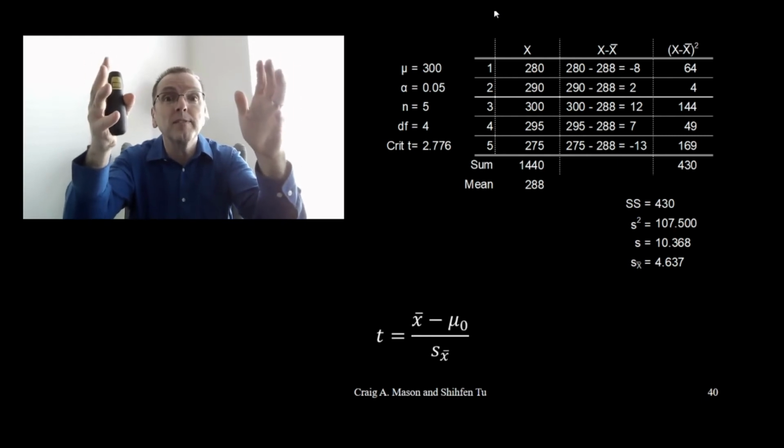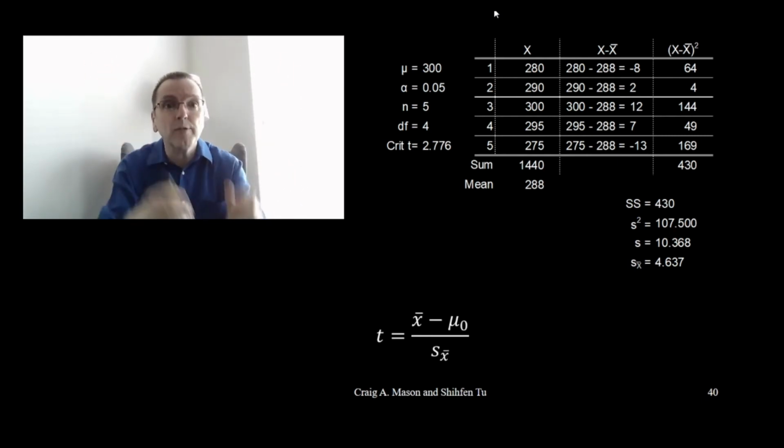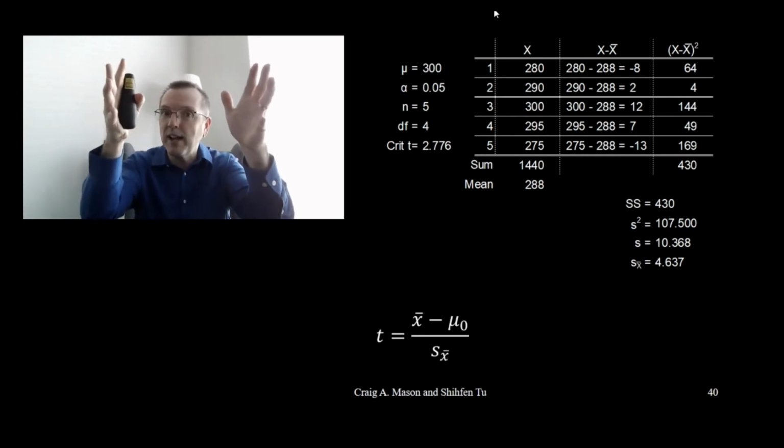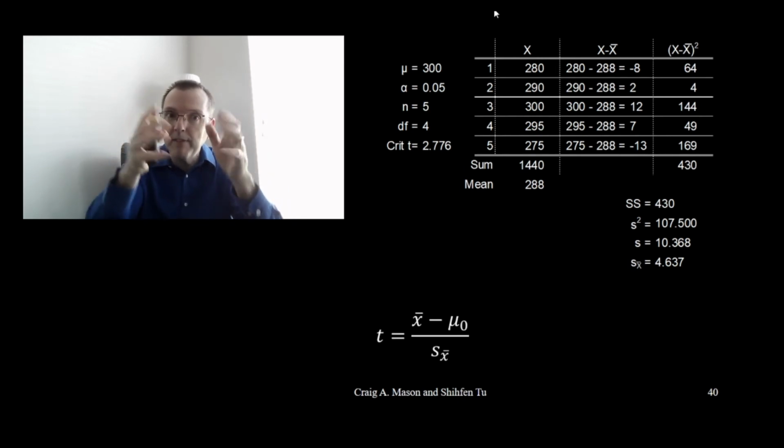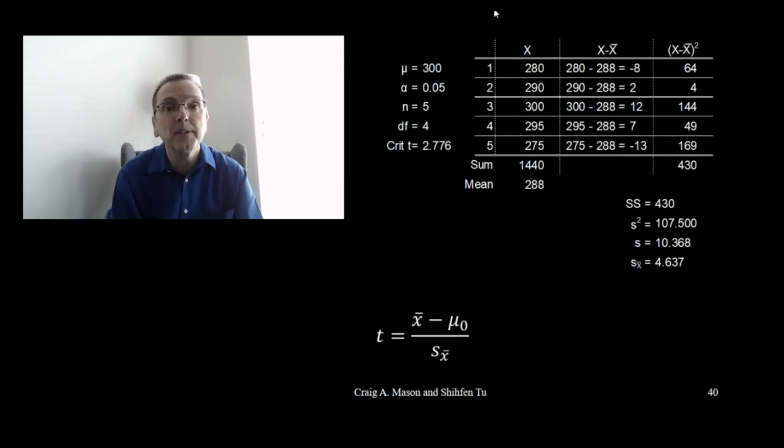That's the numerator, divided by how large of a difference did I expect to see given the standard error, using the standard error as my measuring stick, right? How big of a difference did I see, divided by how big of a difference did I expect, right? The standard error is that measuring stick we're using.